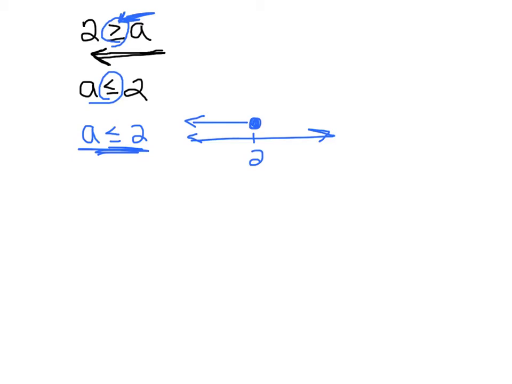This time I'm going to give you a line, and we're going to write the inequality. So here's an example. We're going to start with this number line. We're going to put some numbers on this number line: -1, 0, 1, 2.